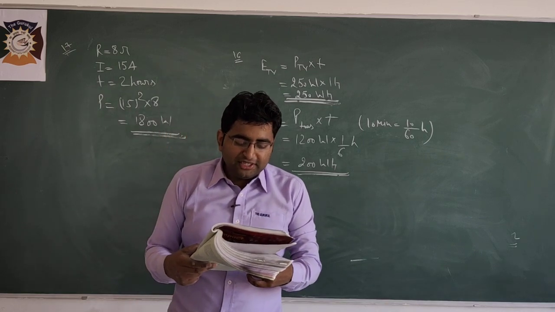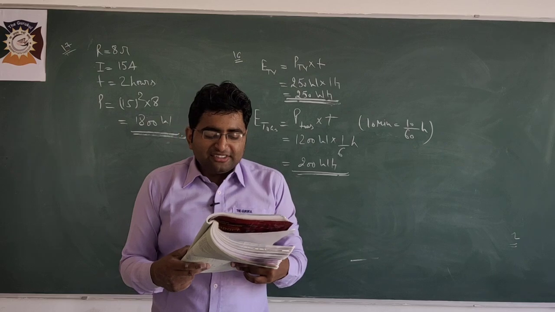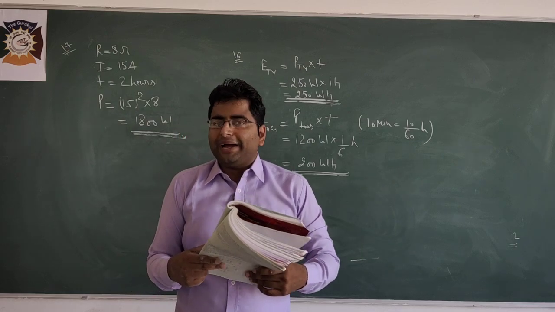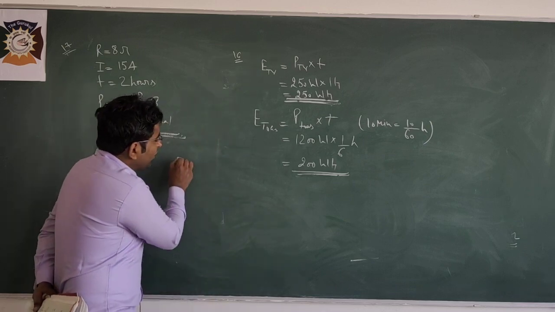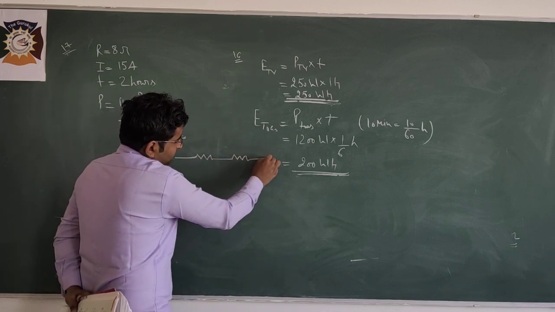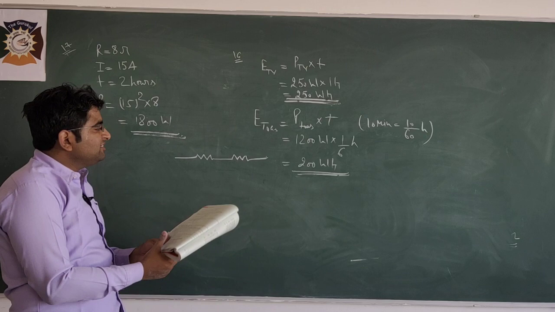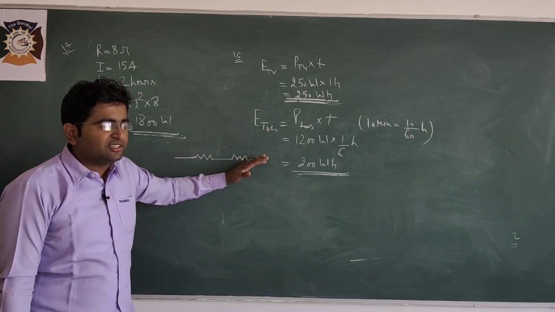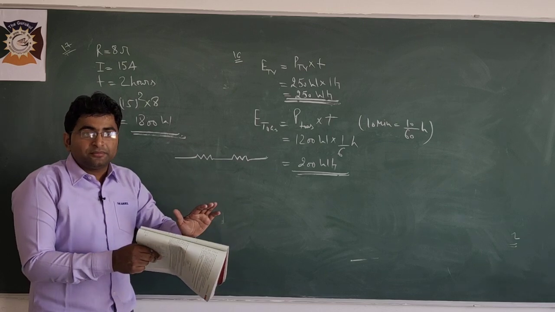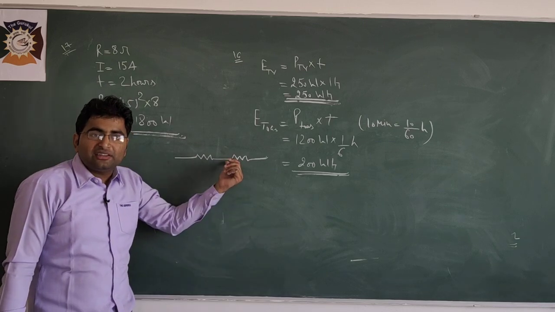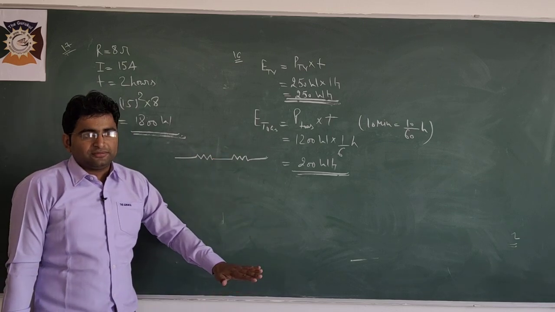Question number C. Why is series arrangement not used for domestic electric circuits? Students, if you look at series combination, if you add resistances or appliances in series combination, the net resistance of the circuit increases. It means current in the circuit reduces.